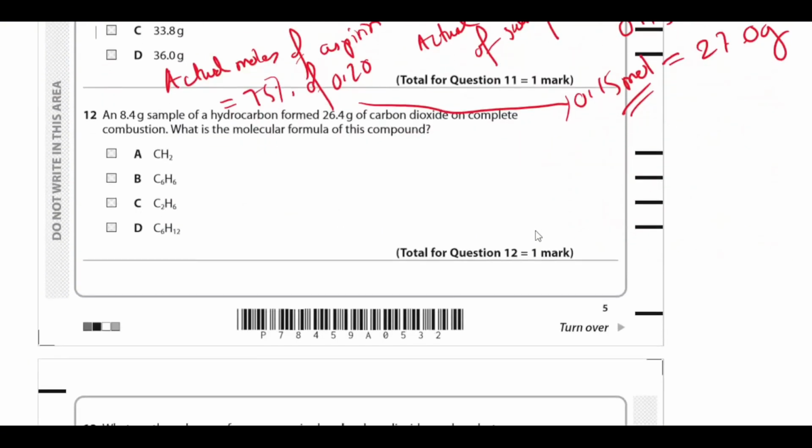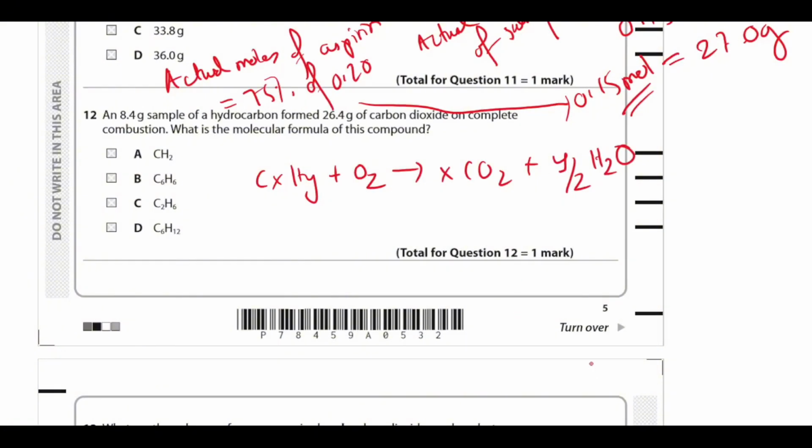Okay, moving on, they say number 12 down here that an 8.4 gram sample of a hydrocarbon formed 26.4 gram of carbon dioxide in complete combustion. What is the molecular formula of this compound? Now, we see clearly that 8.4 gram is producing 26.4 gram of carbon dioxide. If we write the reaction down here, that's CxHy plus O2, giving you xCO2 plus y/2 H2O.